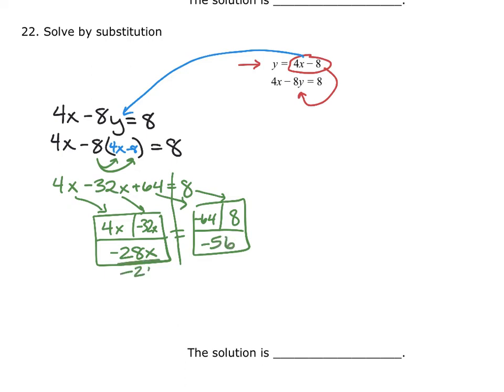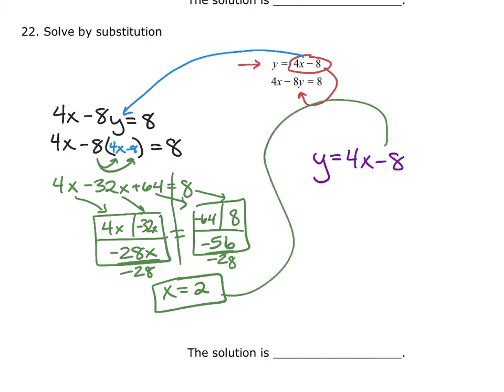Divide by negative 28, divide by negative 28, and you'd have x is equal to positive 2. And we do a happy dance because we are halfway. Remember, a solution is x comma y. So what I'm going to do is take that original equation, the red one, but instead of x, I can now substitute this value for x right there.